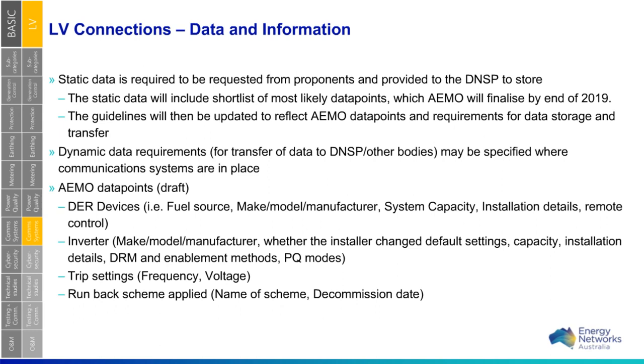It sets it up by splitting between static data and dynamic data, where static data is the data points that we've included there as draft information about the system that the proponent would need to provide to the DNSP, and dynamic data would be basically specifying requirements for when data would need to be sent to DNSPs or other bodies where communication systems are in place.